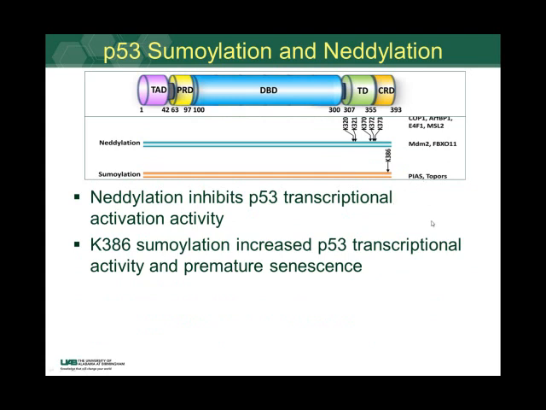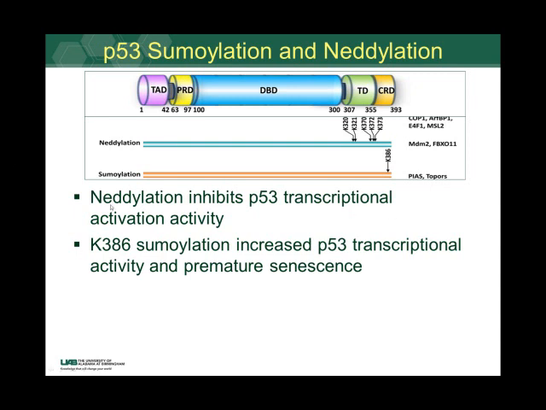Sumoylation and neddylation, we're going to combine these two. Again, remember that they're very similar to ubiquitination in that this is the addition of peptides that are highly homologous with ubiquitin to lysine residues. There's only one site for sumoylation, and that is lysine number 386, while there are 5 sites for neddylation: lysine 320, 321, 370, 372, and 373.